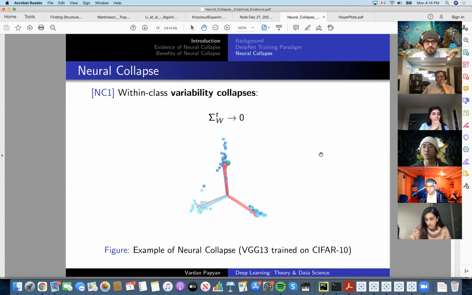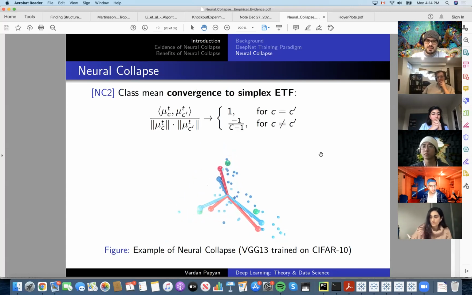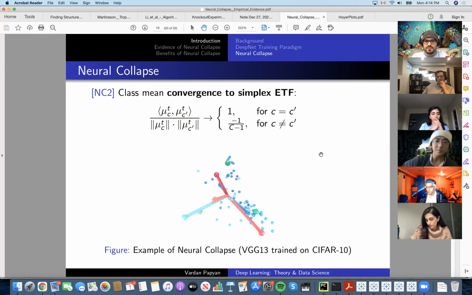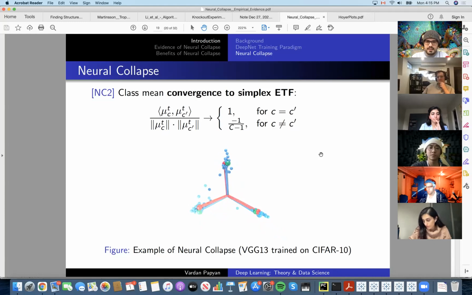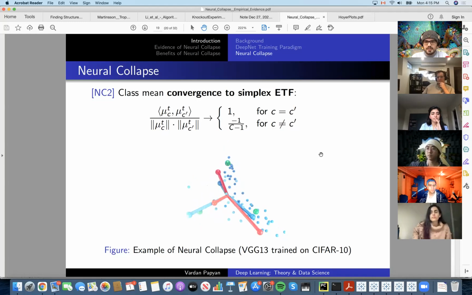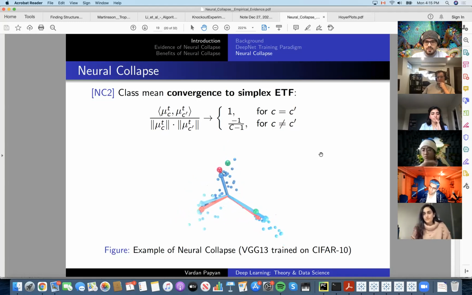That's the first property, which is called NC1. The second property is that the class means converge to a simplex ETF. That means that the blue large spheres are converging to the green large spheres, and these class means are, in some sense, perfectly angled between every pair.